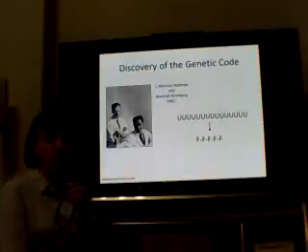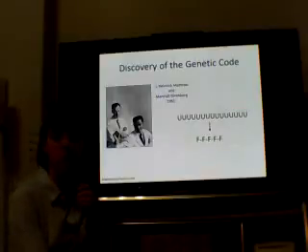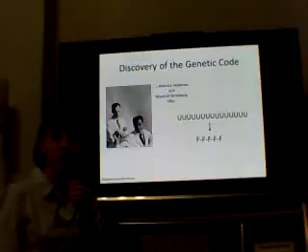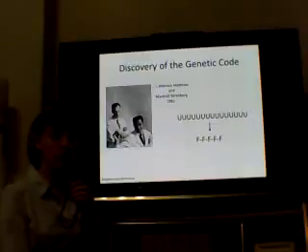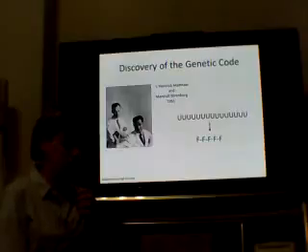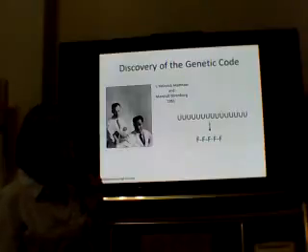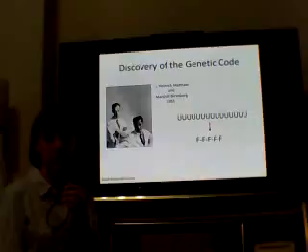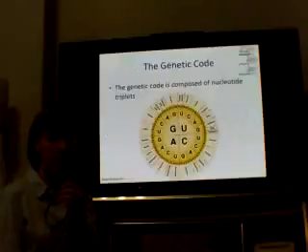Okay? So they were able to say that a string of U's made phenylalanine. They were also able to do this for all the other combinations of codons that they could come up with and figure out basically the genetic code. And this was how they figured it out. So this was pretty clever stuff for the beginning of the 1960s.